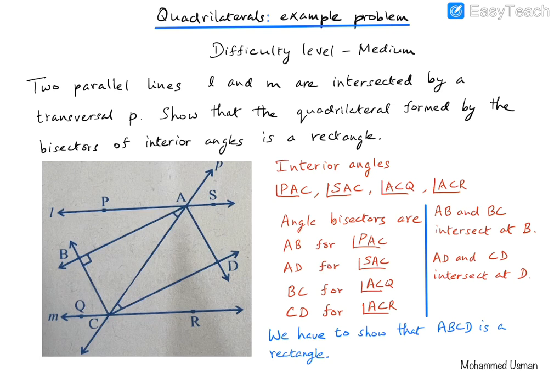So that's one interior angle. Let me mark that. PAC is one interior angle. And then we have the angle SAC, which is this interior angle over here. So let me mark that as well. The next interior angle is SAC.